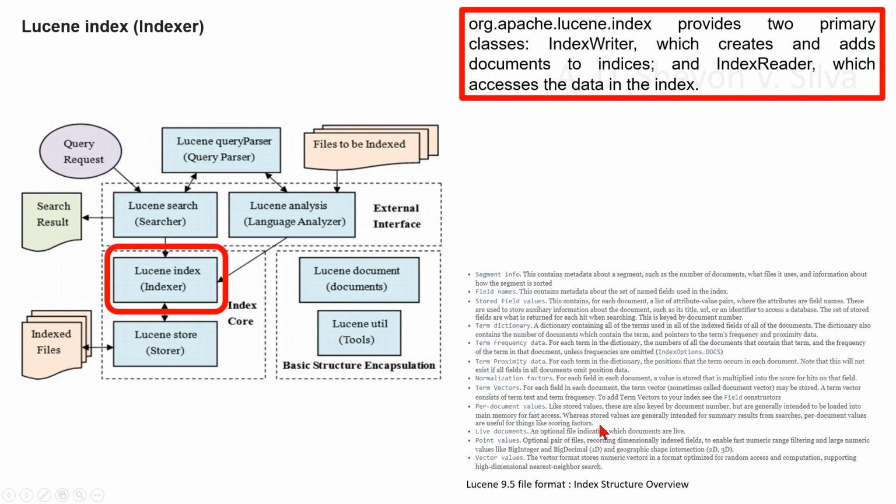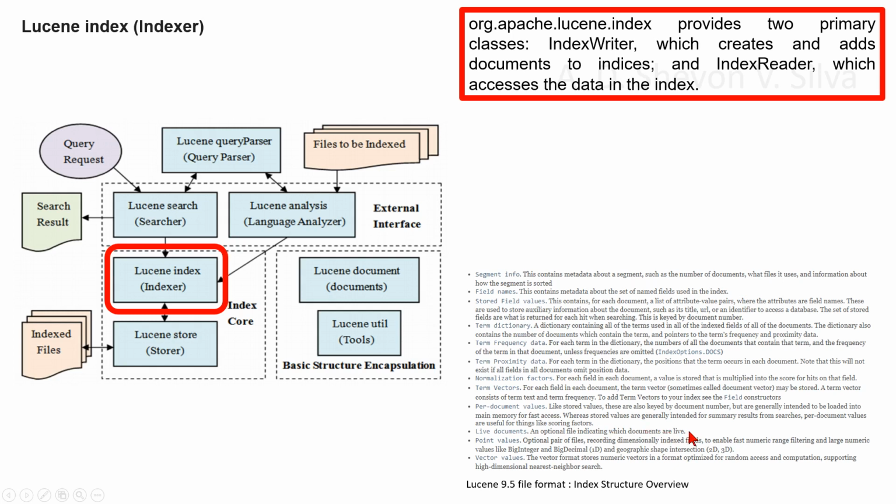Per-document values: like stored values, these are also keyed by document number, but are generally intended to be loaded into main memory for fast access, whereas stored values are generally intended for summary results for searches. Per-document values are useful for things like scoring factors.